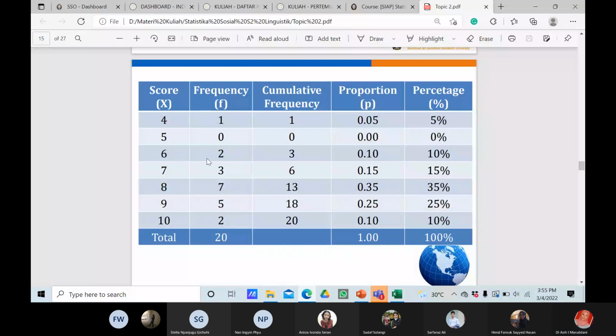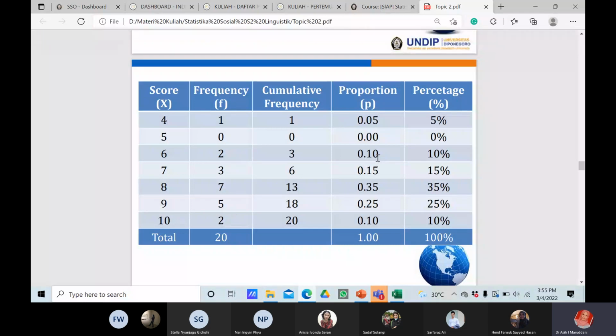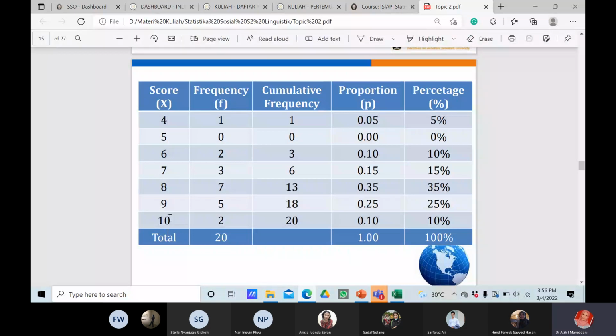The third, for score 6, the proportion is frequency divided by N. The frequency is 2 and N is 20, then the proportion is 2 divided by 20 equal to 0.10, or the percentage is 0.10 times 100 is 10%. And I think the other rows use the same calculation.